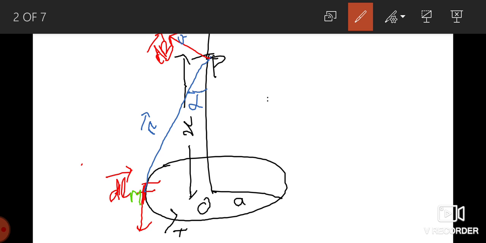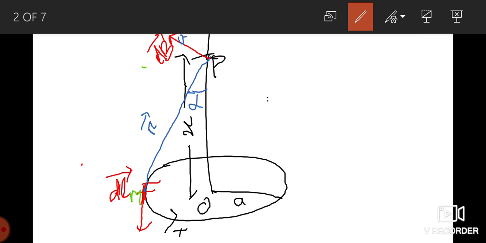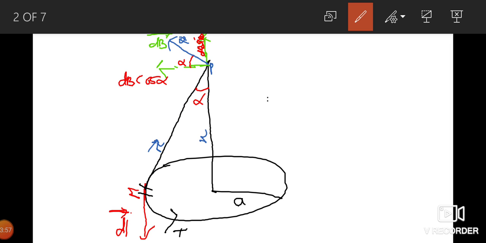If we divide dB into its sine and cosine components, then the angle here is 90 minus alpha, and since dB and the r vector make 90 degrees, this angle becomes alpha.